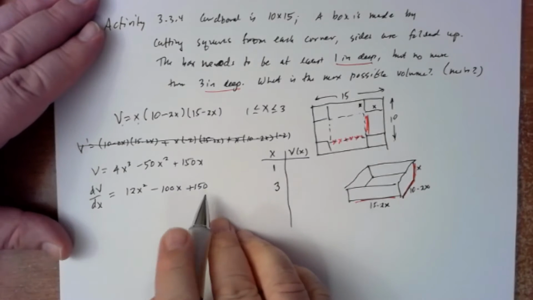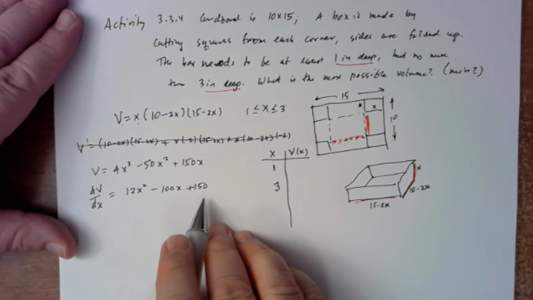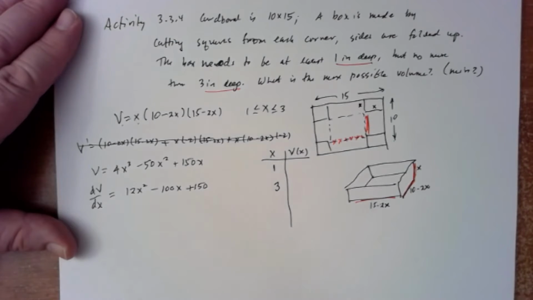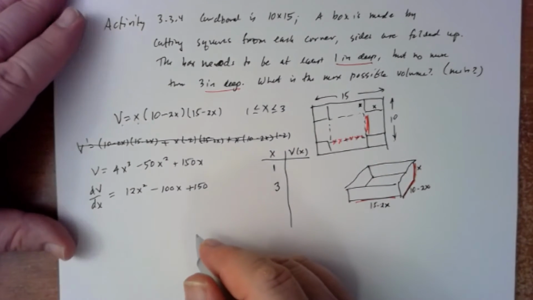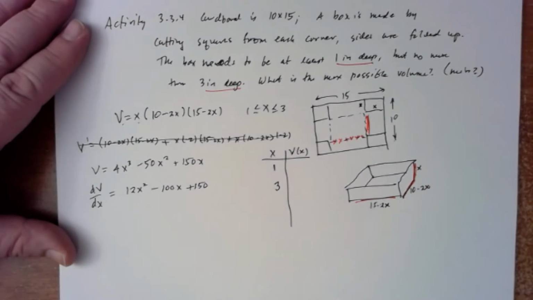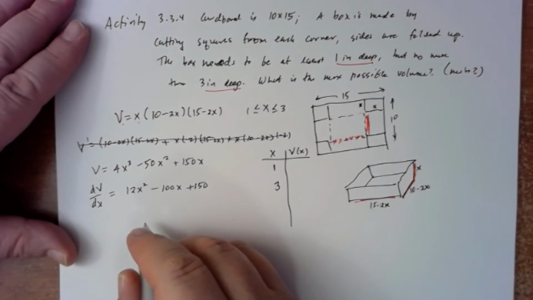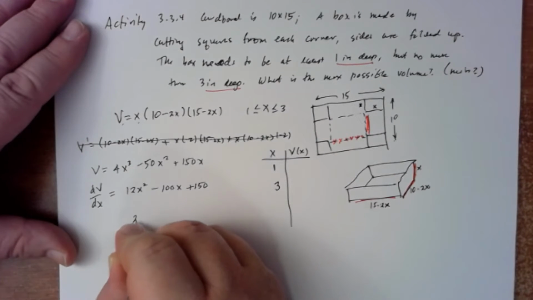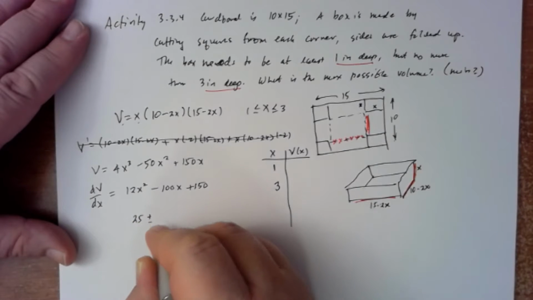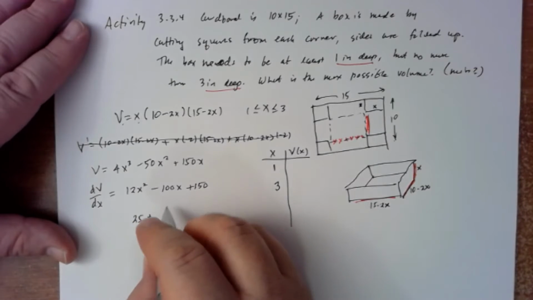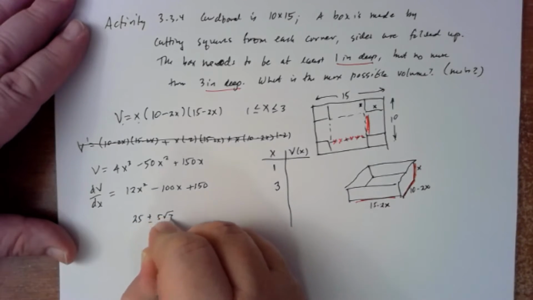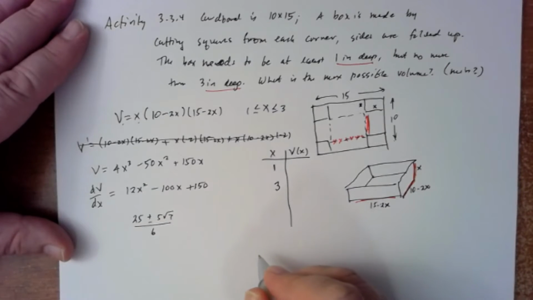Now we're going to use the quadratic formula and plug that into our calculator. We're going to end up with 25 plus or minus 5 square roots of 7, over 6.